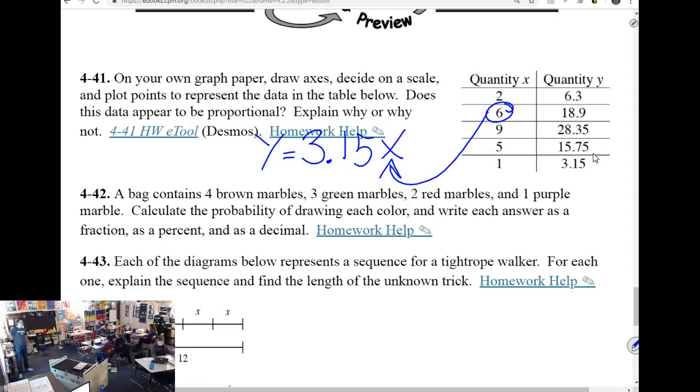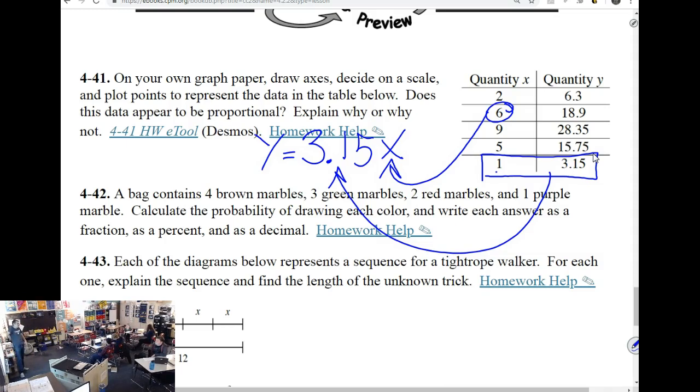So when we have a table and we have the x of 1, this tells us our unit rate, which is also the constant of proportionality. I'm going to keep reviewing those vocab words. That can build an equation, and we're going to talk a lot about this on Monday, where the equation relates how I get my y when I have a certain x. According to this, y is 3.15 times x because x is 1.